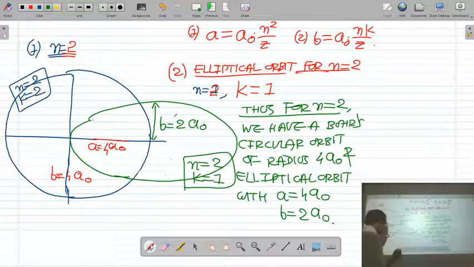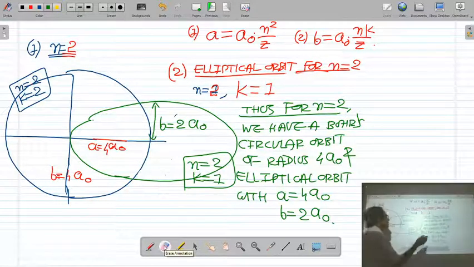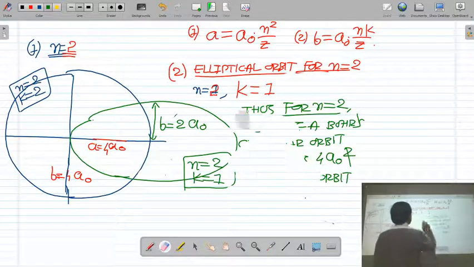Okay. Similarly, for n is equal to 3, we can try ourselves. I just give the hint.